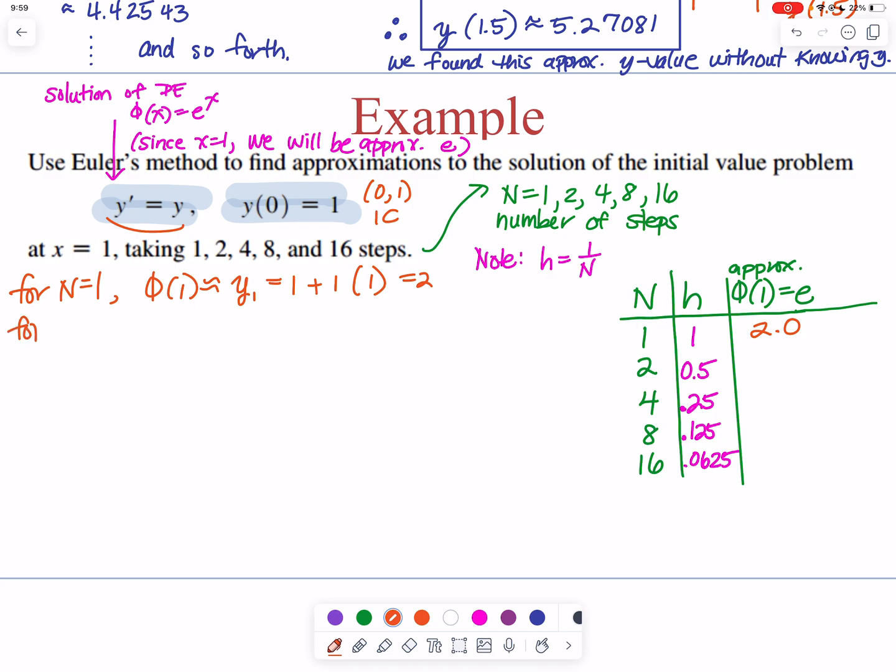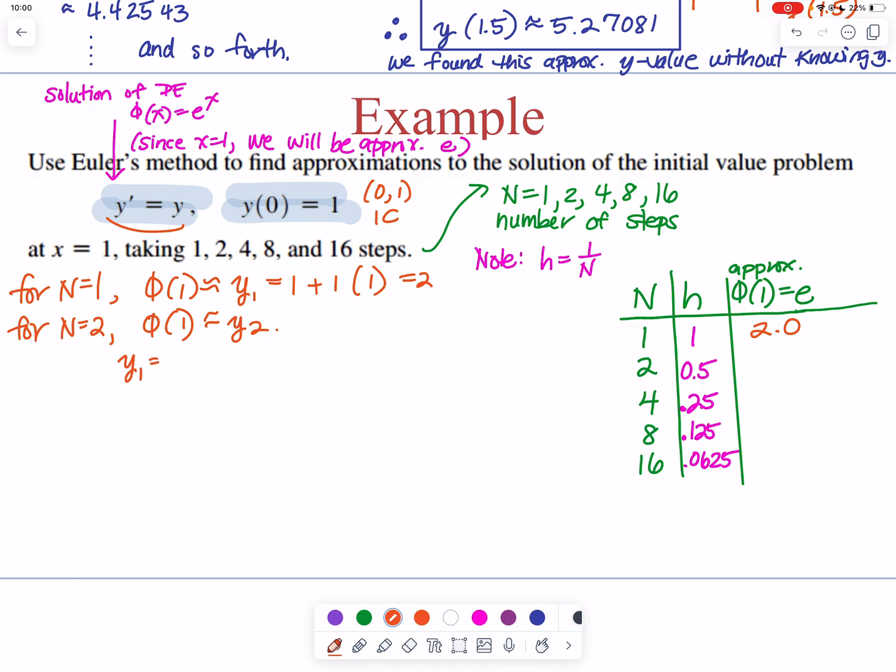Let's go for n equal to 2. So we're going to take 2 steps here. The first thing we're going to have is y sub 1. Let's keep in mind that phi of 1 is going to be approximately equal to y2. So we need to first find y1.